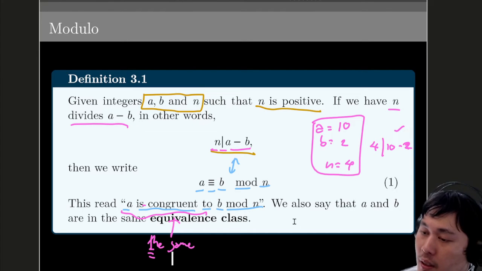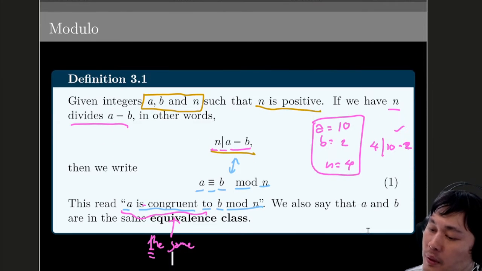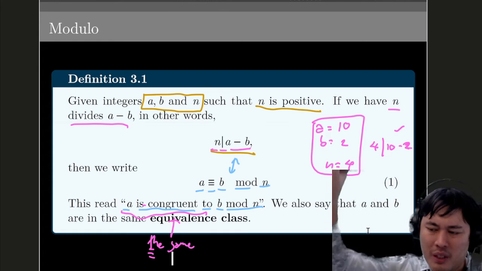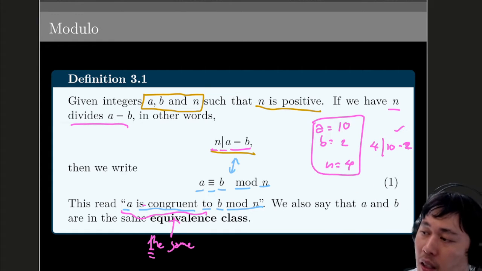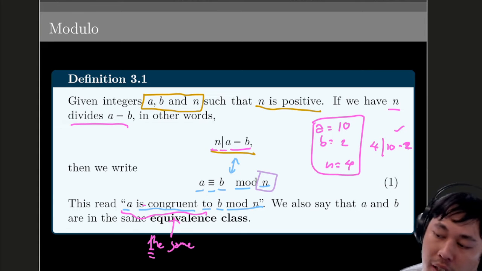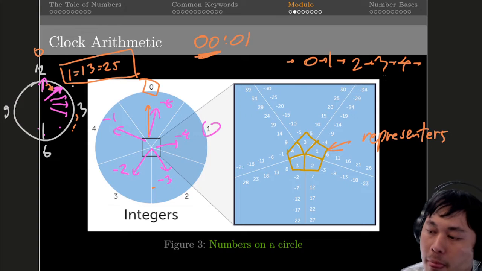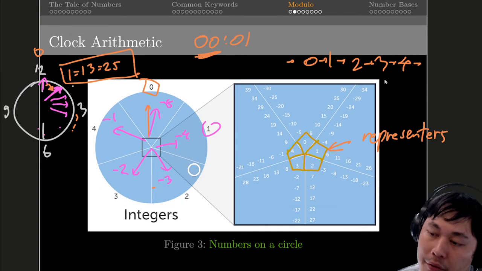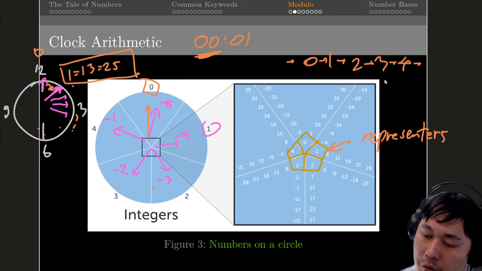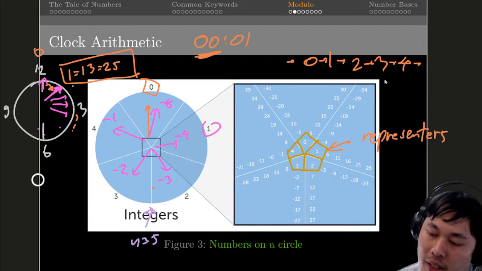So that's the definition. A and b represent two numbers that we don't know where they belong. But n is the important one. This n is the number of digits around the clock. If your clock has 5 numbers or 5 sections, then n is 5. In this circle, n is 5.